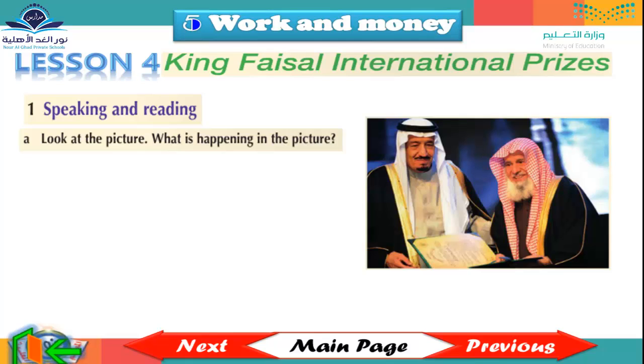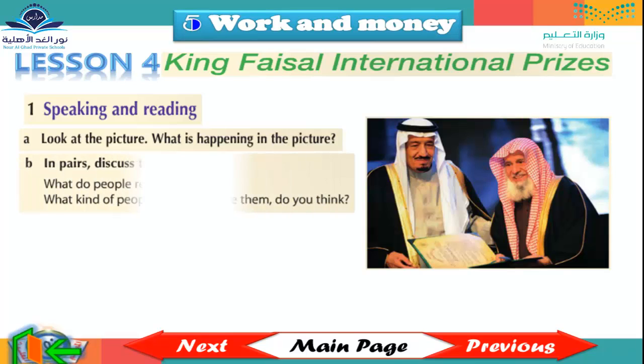Look at the picture, what's happening in the picture? B. In pairs, discuss the questions. What do people receive prizes for? What kind of people should receive them, do you think? Try to think of the answers.